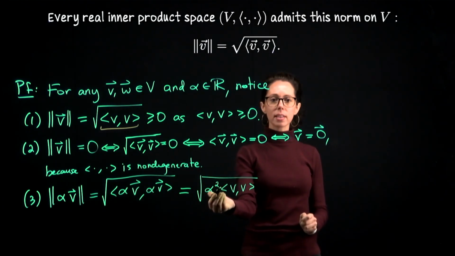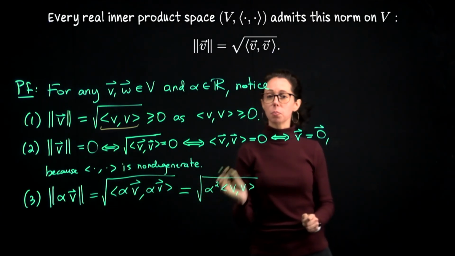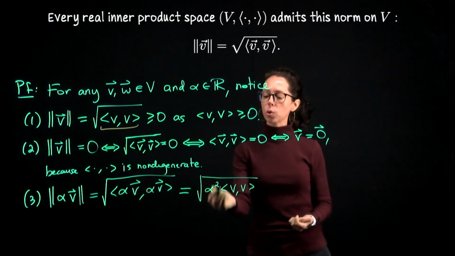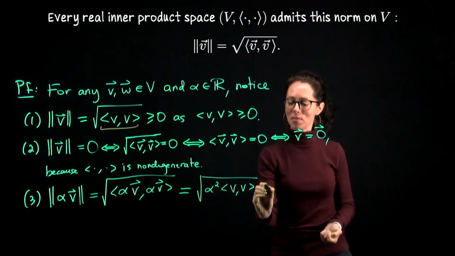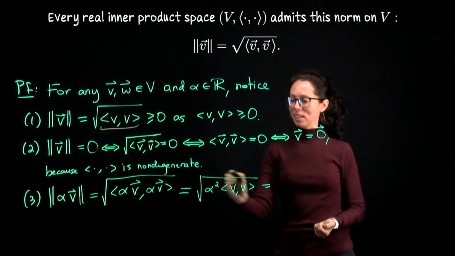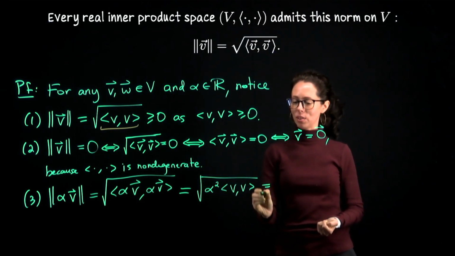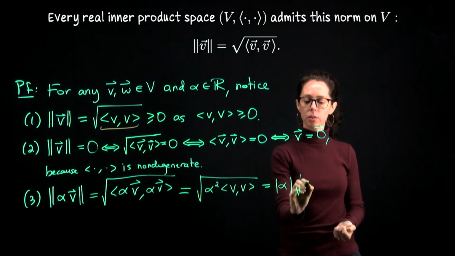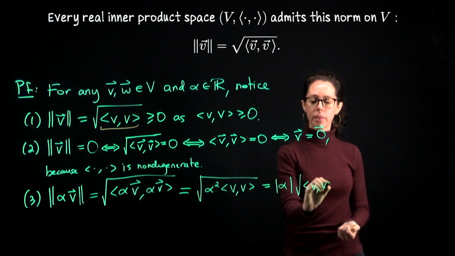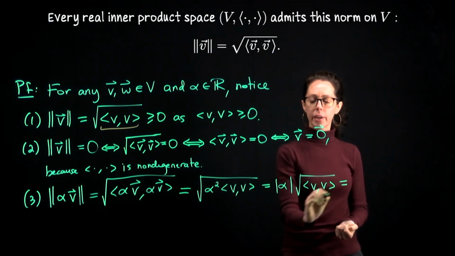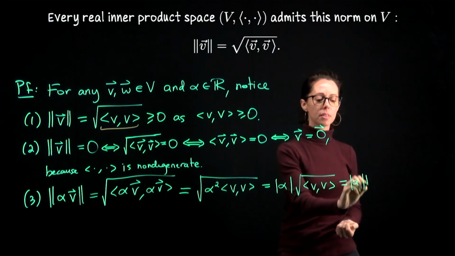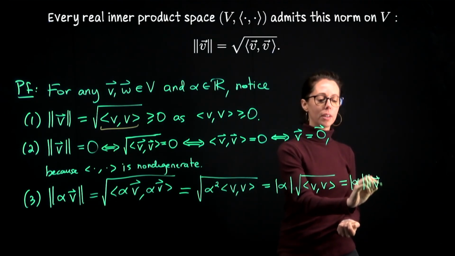I could not do this if I didn't know that the inner product was multiplicative, but we do. We have an inner product space. And now the square root of a real number squared, as we've said a couple of times in this lecture and the previous few, is the absolute value of that number, times the square root of the inner product of v with itself. Don't stop there. Take it all the way through to that's the absolute value of alpha times what our norm of v should be.